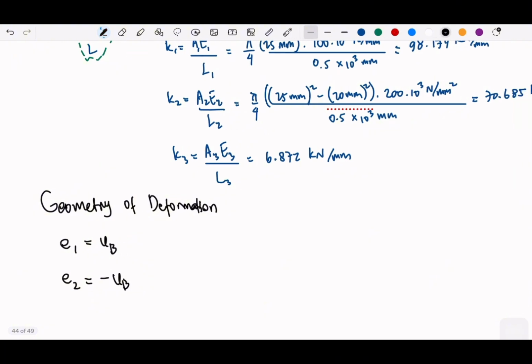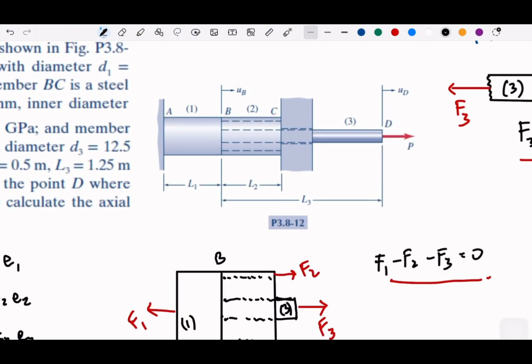And then for element 3, we have another displacement of UD. So we have some extension from here, right? But the same as element 2, you can think of this as a minus in terms of UB.